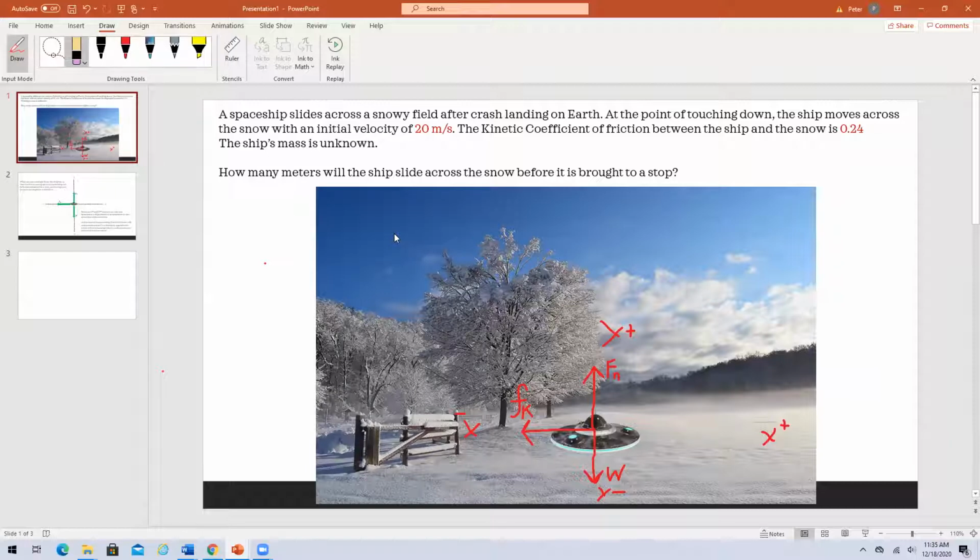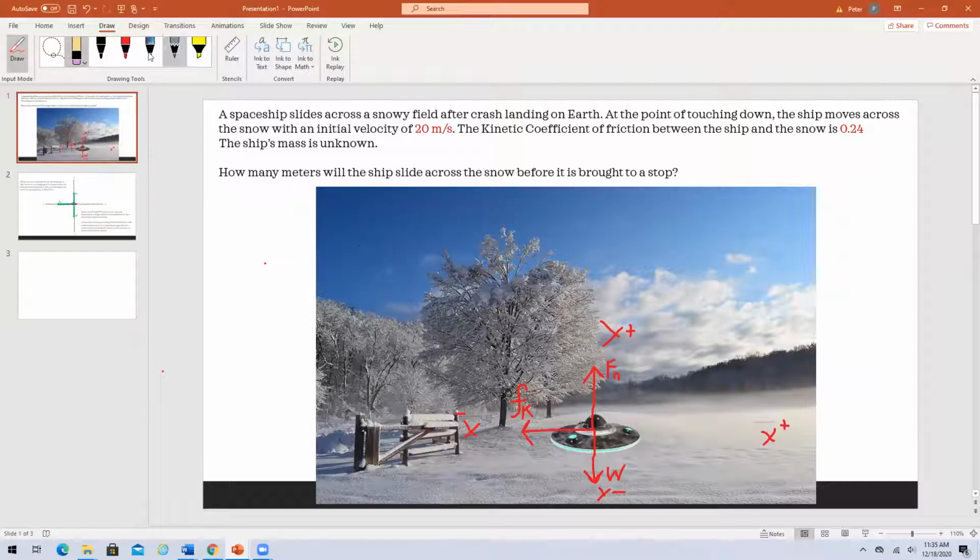And one of those variables in the change of velocity we absolutely know. Actually, both of them we know. We know the initial velocity, it's 20 meters per second. We know the final velocity. Final velocity is just going to be zero. That's what stopping is. Your velocity just reaches zero. So that equation is this.